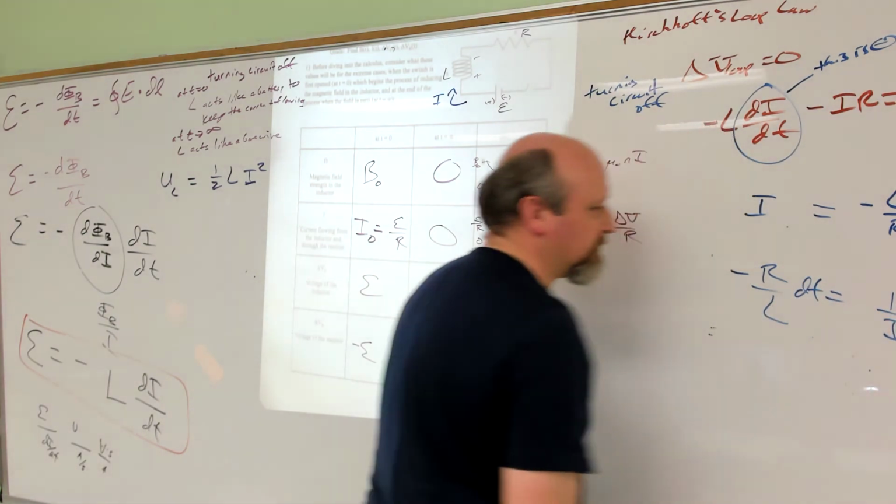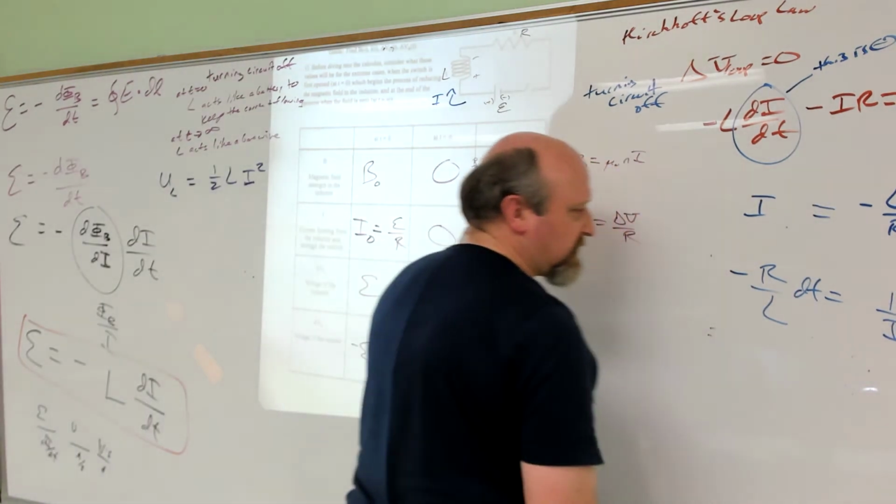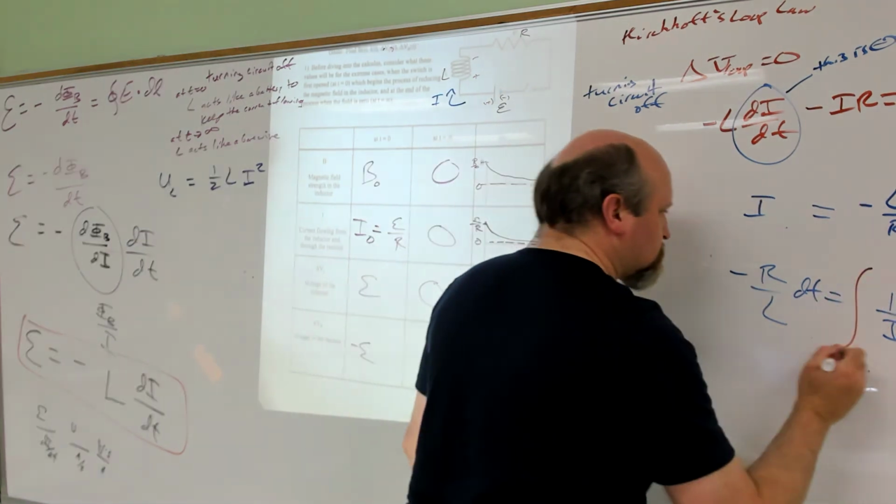It looks like I'm multiplying, but that's it. I've separated my variables: i's and di's on one side, dt's on the other. Now I integrate.